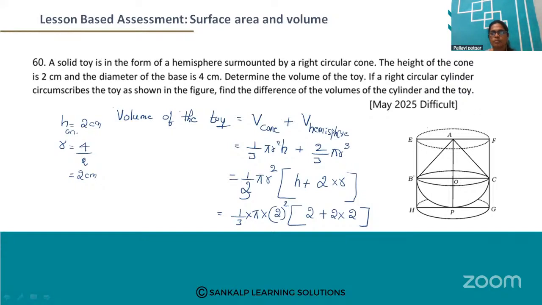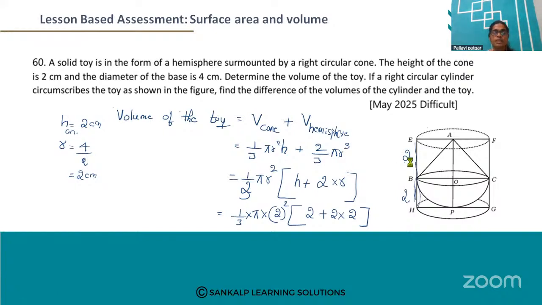Here height of the cylinder means height of the radius plus height of the cone. So here height of the cone is 2 centimeter and height of the hemisphere is 2 centimeter. So height of the hemisphere and radius is equal. So 2 plus 2, this is the total height of the cylinder. 2 plus 2 is 4.